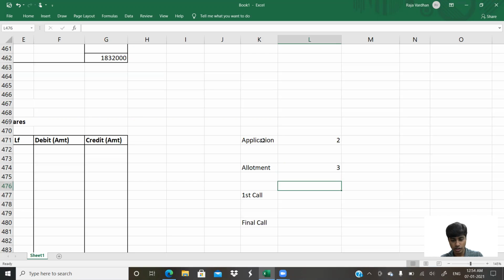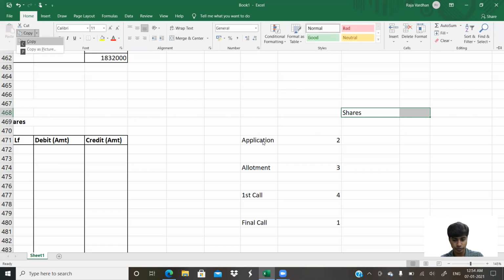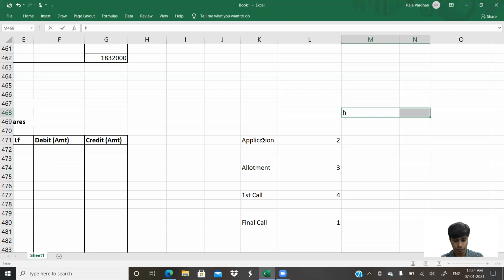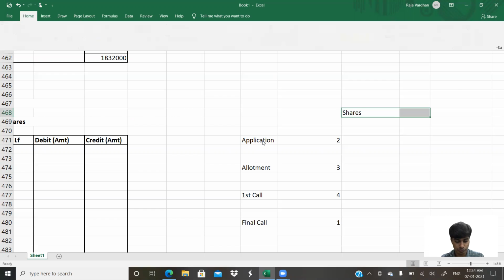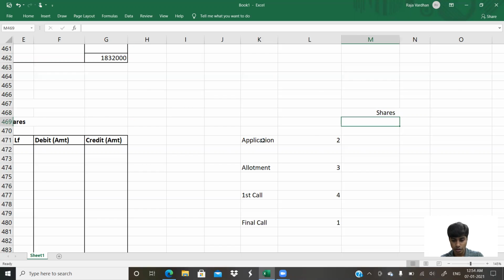Allotment 3. First call 4, final call 1. Shares in total it is 20,000.